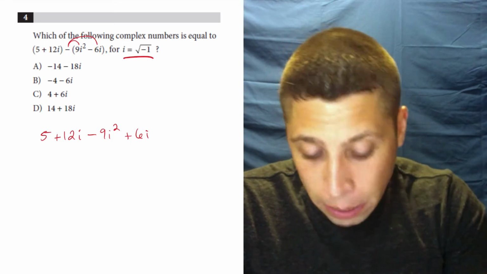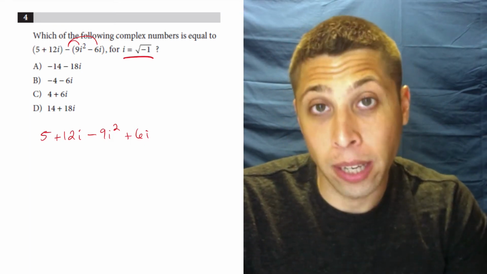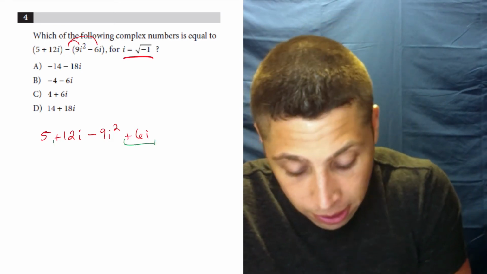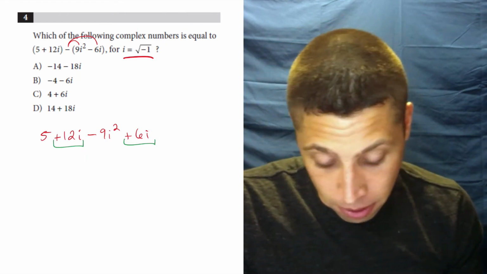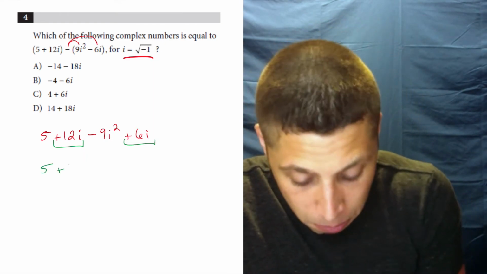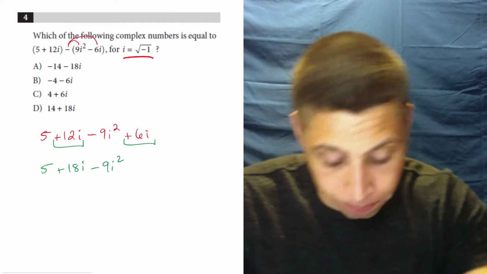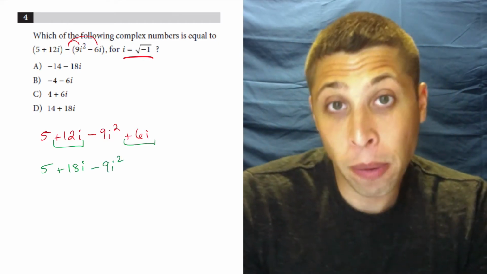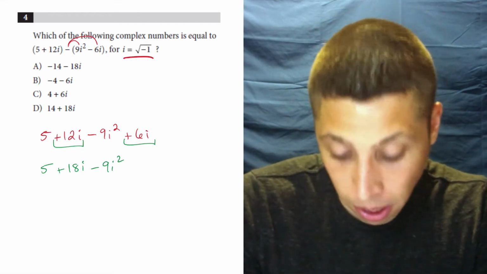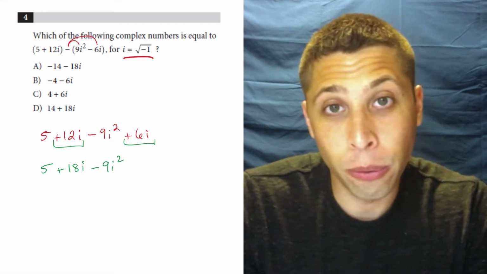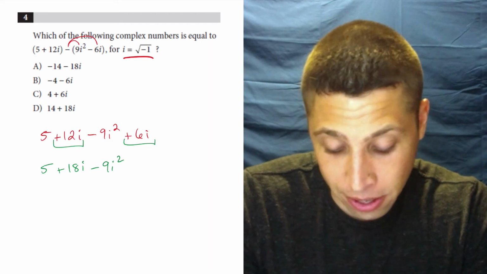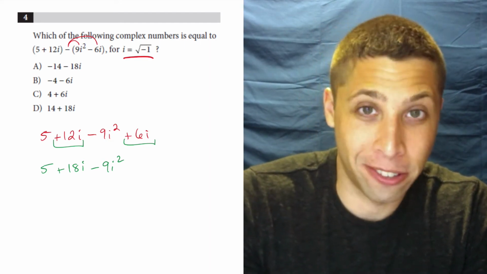Now again, just following normal algebra rules here, I would want to combine like terms. So that's a 6i and a 12i. So 5 plus 18i minus 9i squared. And now you might be stuck because you're like, okay, well, I don't know what happens here, but I don't have an answer.